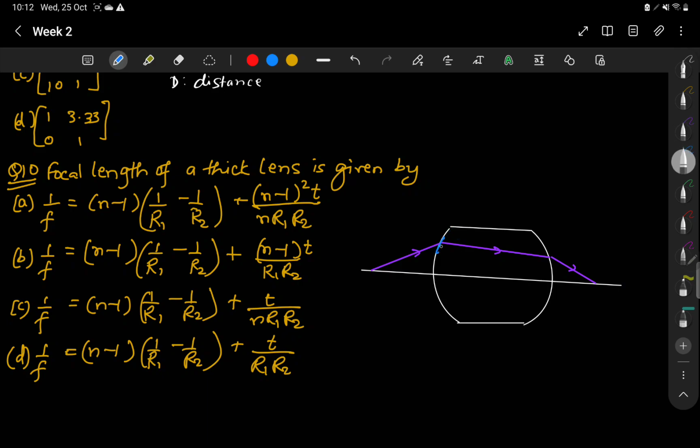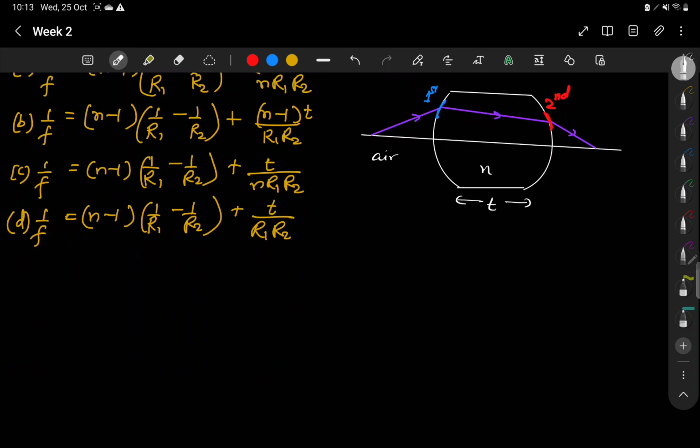So this is the first surface where refraction takes place, and this is the second surface where refraction takes place. And this medium has refractive index n, and this thickness is t, and it is kept in, let's say, air. So let us write down the system matrix.